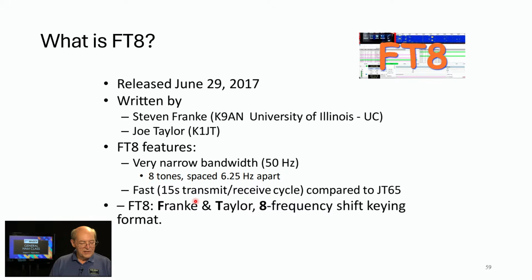A transmit cycle is about 15 seconds. So you transmit for 15 seconds, you receive for 15 seconds, and this happens 2 or 3 times to complete the complete QSO, if you want to call it that. JT65 took almost a minute, 55 seconds, versus the 15 seconds with FT8.